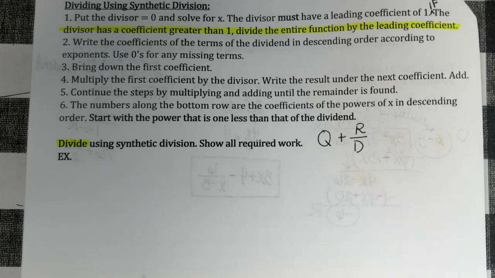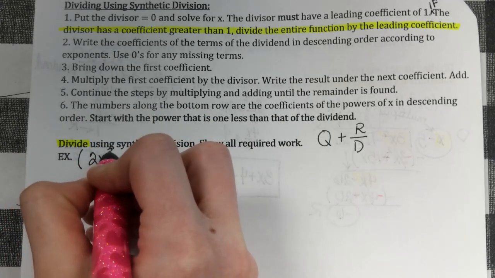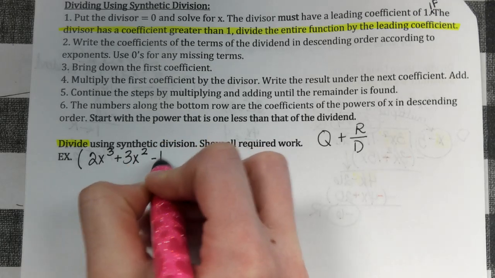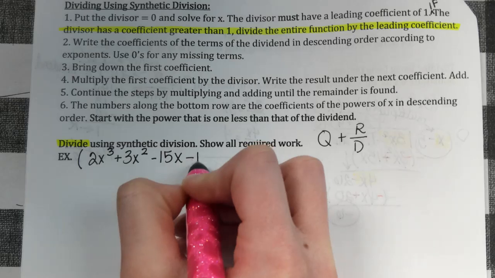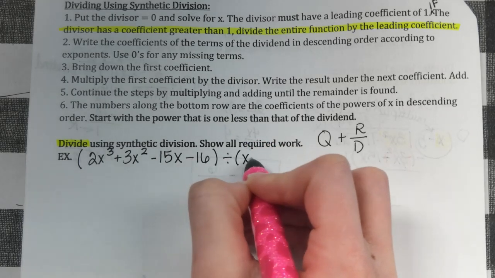Okay, so my first example, I have 2x cubed plus 3x squared minus 15x minus 16, all divided by x minus 3.